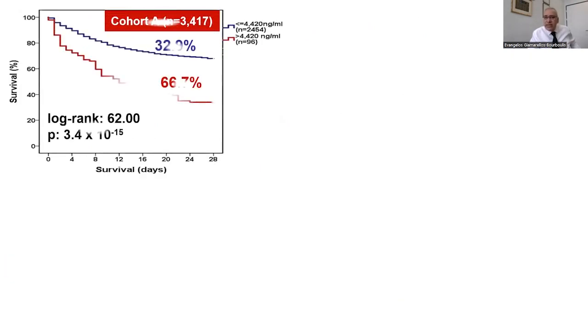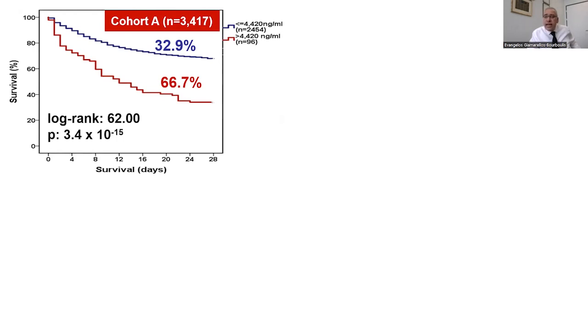How can we early and easily recognize that our patient is suffering from this macrophage activation-like syndrome? We are in need of a biomarker, and we developed as a biomarker, using data coming from the Hellenic Registry of Sepsis, ferritin. But look at the concentrations. The cutoff that we suggest is more than 4,420 nanograms per ml, and we split our patients into cohorts.